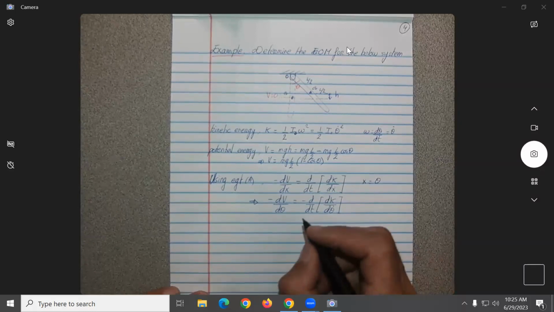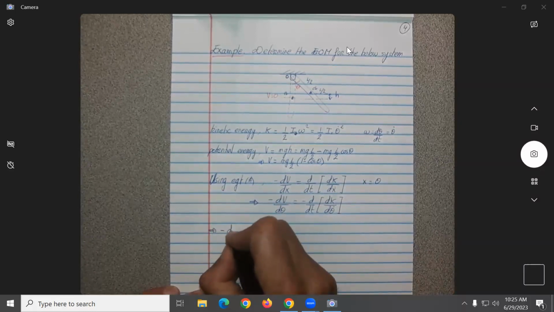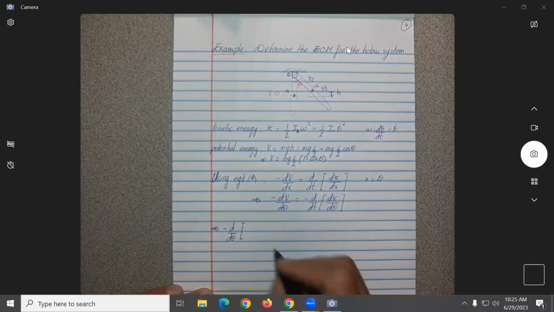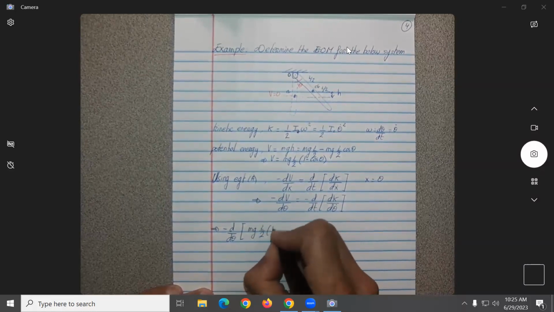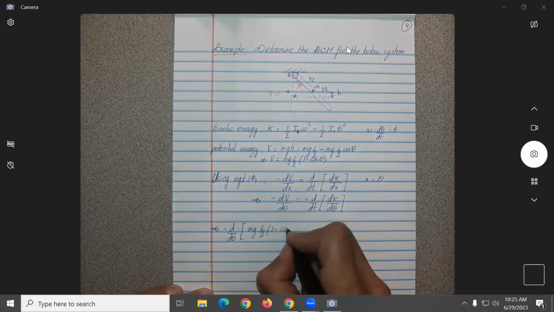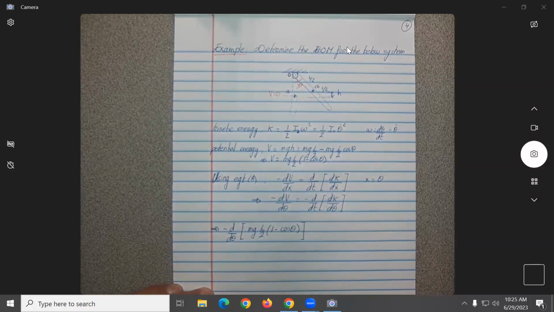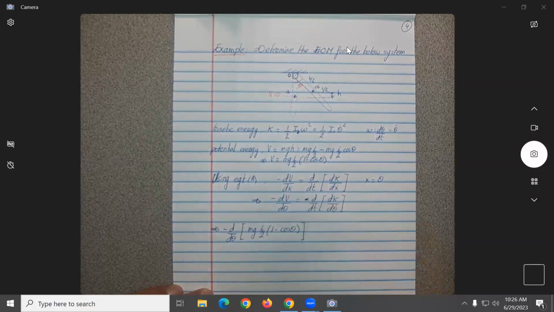Okay, so maybe in this case, let's do a little bit more detail here. Is equal to minus d/d theta. What would be V? We said would be equal to mg L over 2, 1 minus cosine theta. What did I put a minus here? There's no minus here, okay?